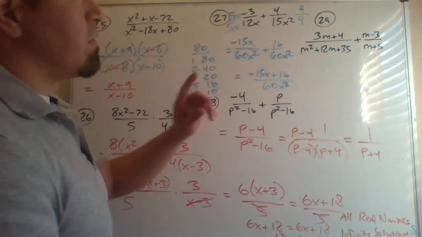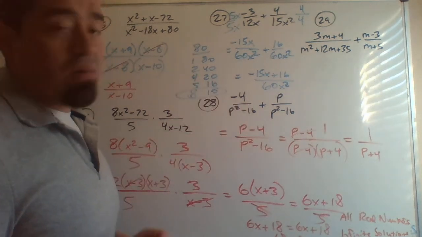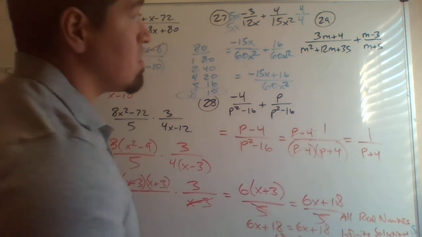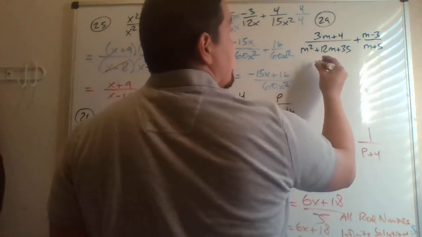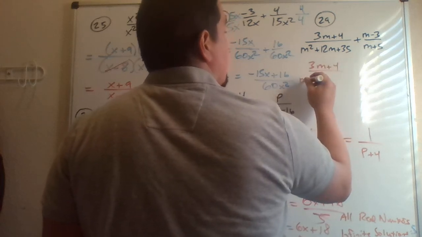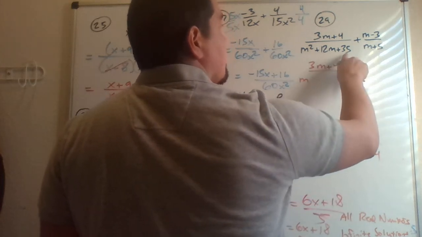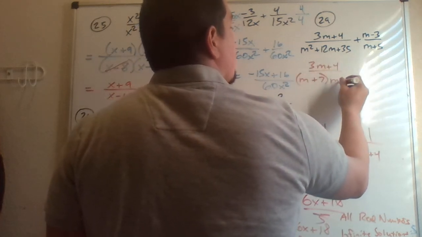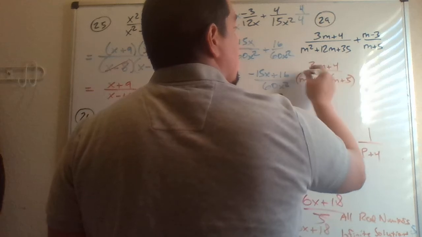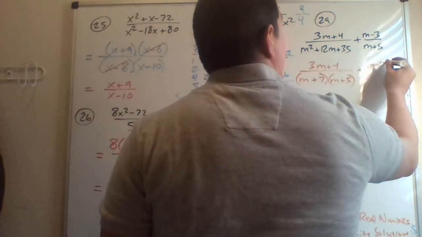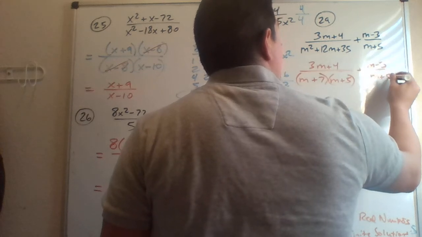Okay, so final one, 29. Well, we want to add those together, but we don't have common denominators. So again, the first thing you should try is to factor, and I'm going to go ahead and just do this one. This would be 5 times 7, so m plus 7, m plus 5. You can make the list like I was doing earlier. Now, if I factor it out, I can see what's missing over here.